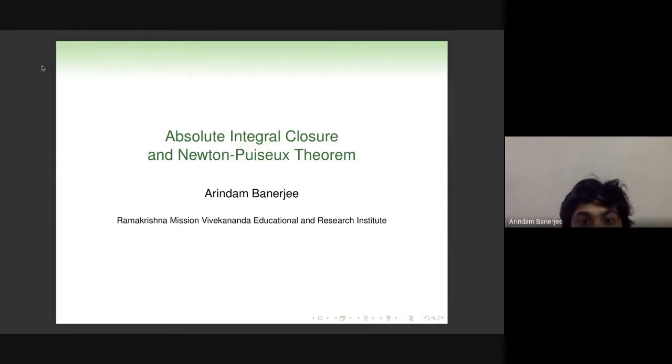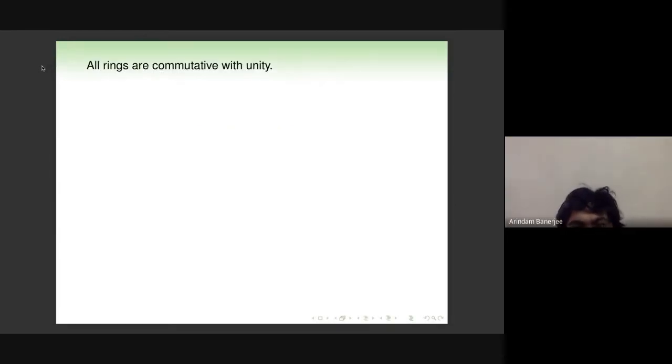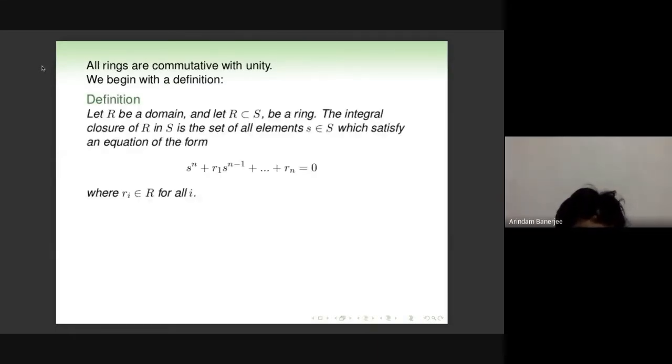Okay, let me start with some very basics, and I'll try to go as slow as possible. I mean, because I'm supposed to do the basics from which Manoj will pick up. So I'm assuming all rings are commutative with unity. Let's begin with a definition. This is the standard definition of integral closure.